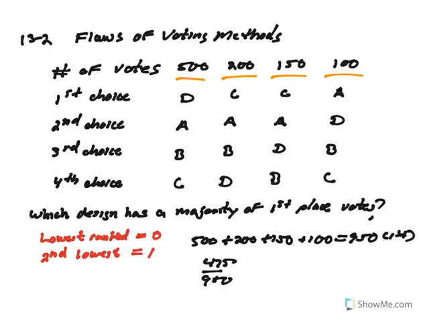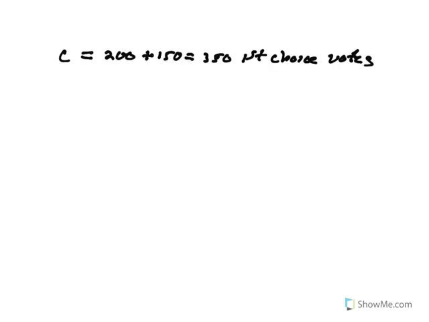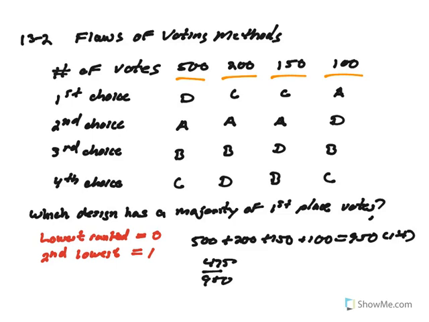So going back to that first row, D, C, C, A, I added the two C's, 200 and 150, and I got 350. And then the design that received 475 or more first choice votes is design D. Design D is 500, right over here.